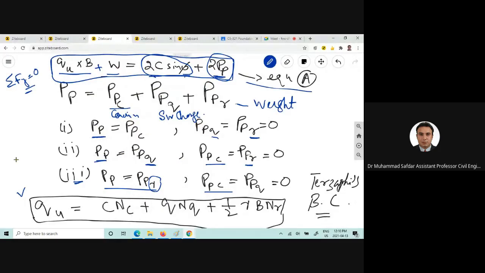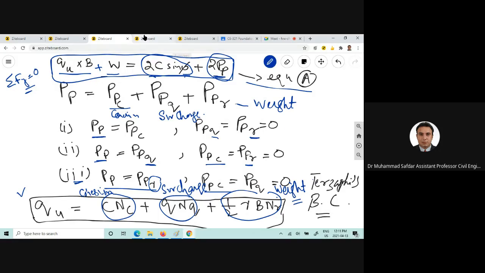The c Nc term is related to the cohesion of the soil, the q Nq term is related to the surcharge, and there is another term related to the weight of the soil.